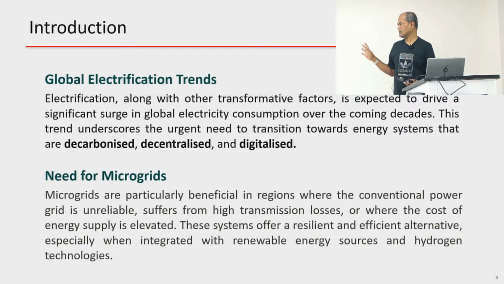And this is decentralized as well. And mostly you see that the microgrid is digitalized as well. So why do we need a microgrid? As I already mentioned, it reduces transmission loss, but it's also more reliable, more resilient, and environment friendly.